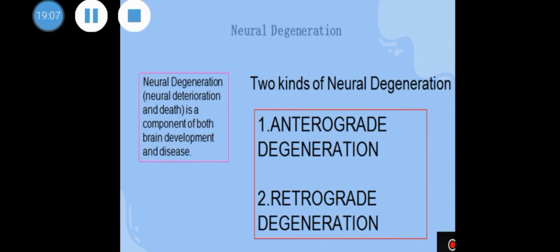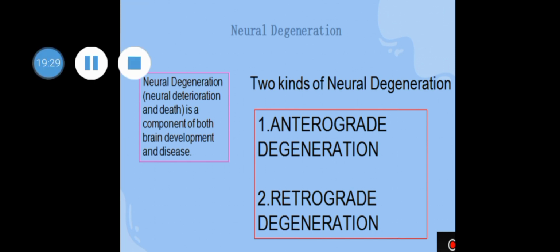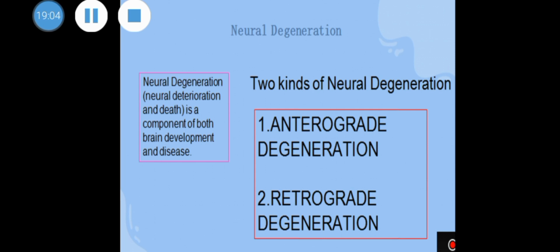First is the anterograde degeneration, which happens when the nerve fiber axons are damaged. The second one is the retrograde degeneration. Anterograde degeneration occurs when the nerve fiber axons are damaged, while the one that occurs away from the cell, at the site of injury, is the retrograde degeneration.